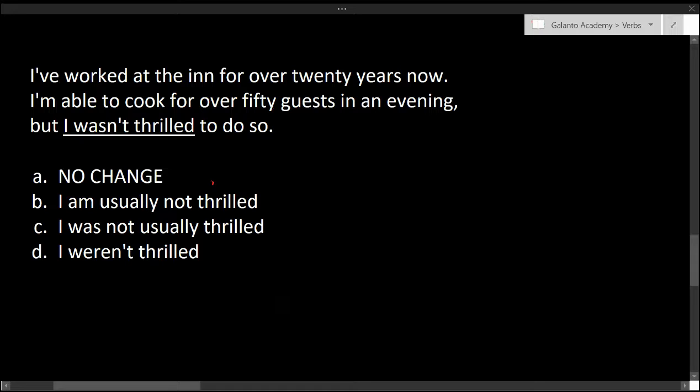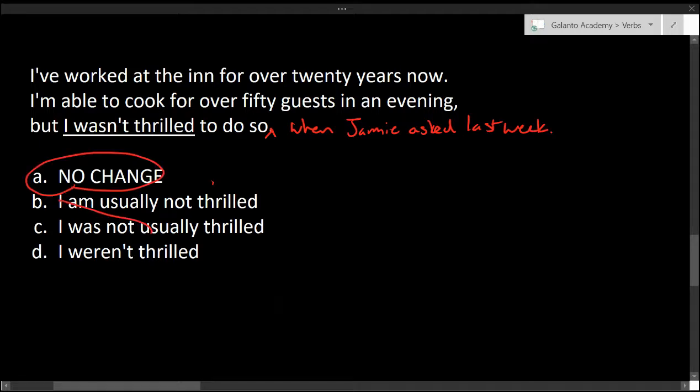I'm able to cook for over 50 guests in an evening, but I wasn't thrilled to do so when Jamie asked last week. So suddenly, our correct answer would be no change.